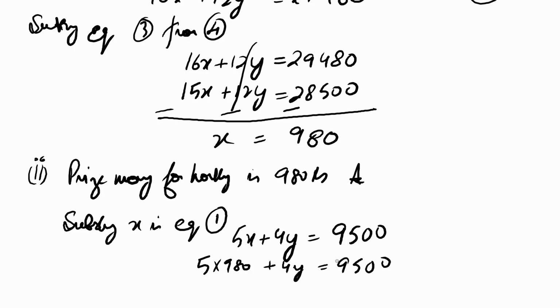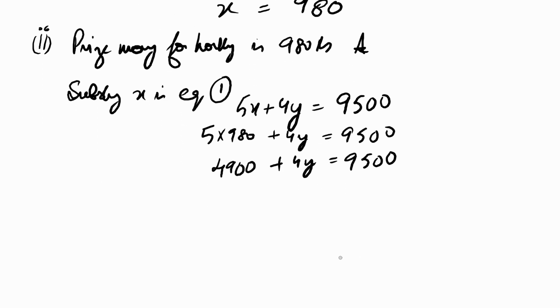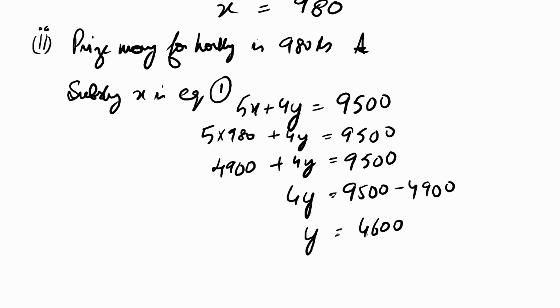So 980 into 5 is 4,900 plus 4y is equal to 9,500. So what will we write? We will write 4y is equal to 9,500 minus 4,900. So 9,500 minus 4,900 is 4600, and this will be 4y. So y will be 4600 upon 4. We will divide this by 4 and we will get 1150.